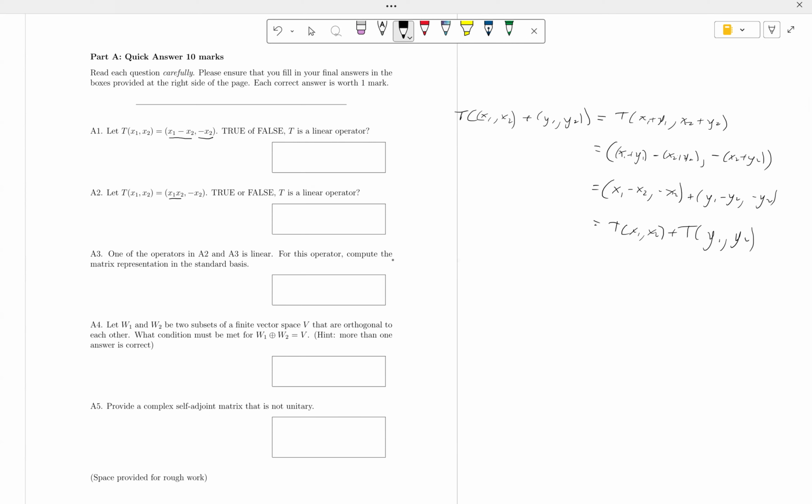And you can check your scaling, but this is in fact true. We are a linear operator.